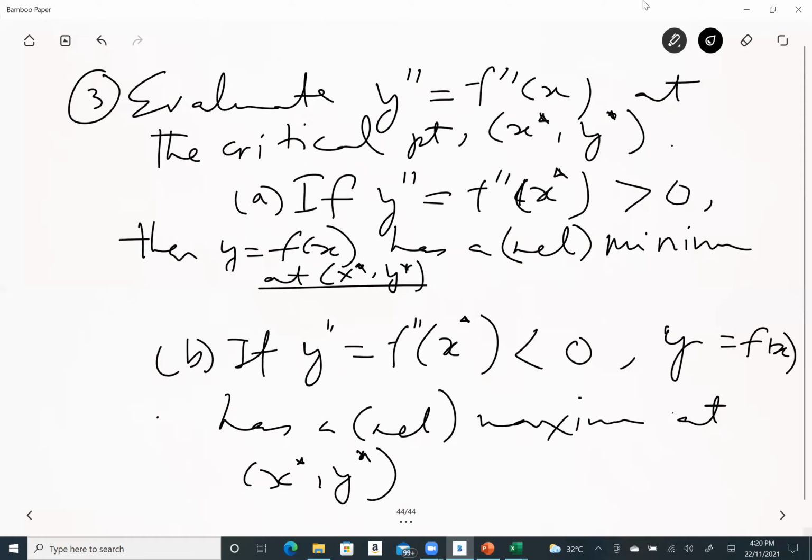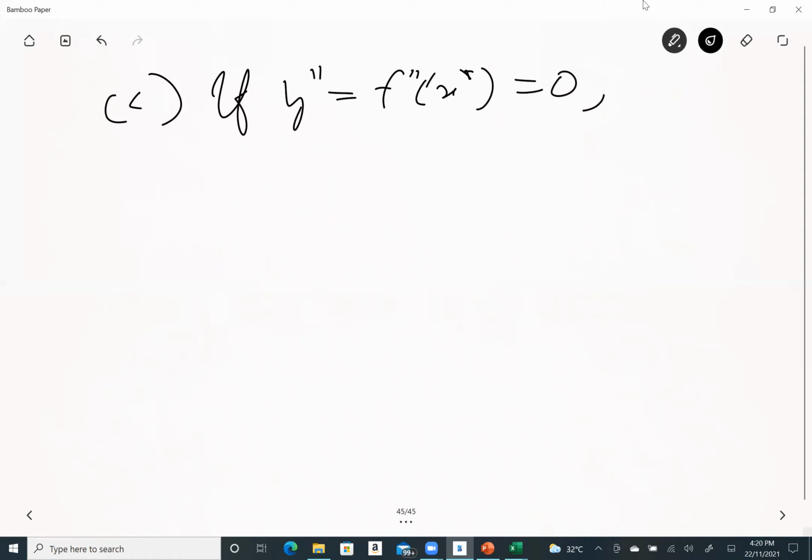Okay, done? Now, possibility number 3: if f double prime equals 0, it is inconclusive, we cannot determine.